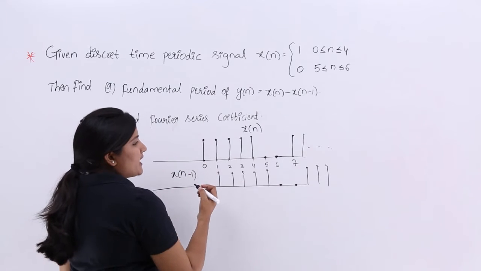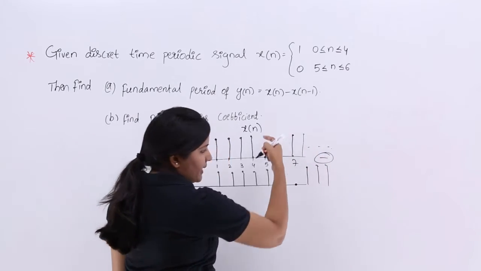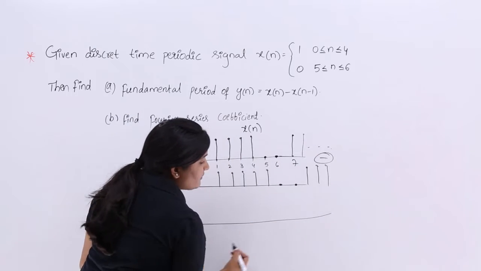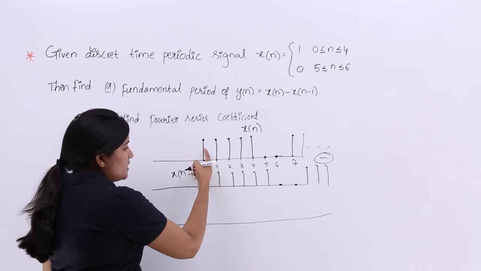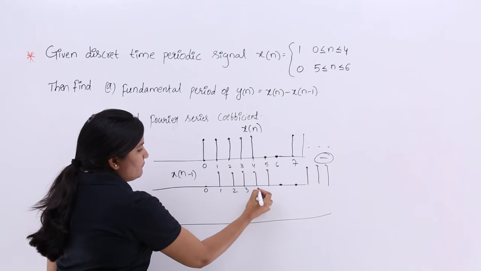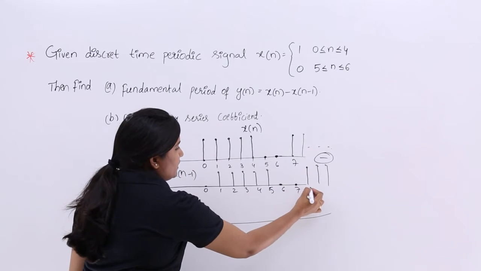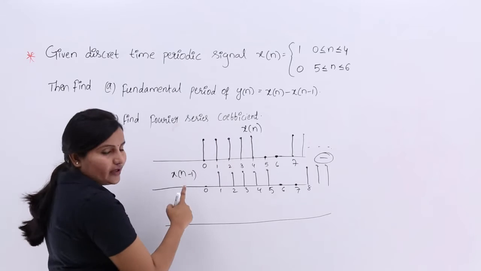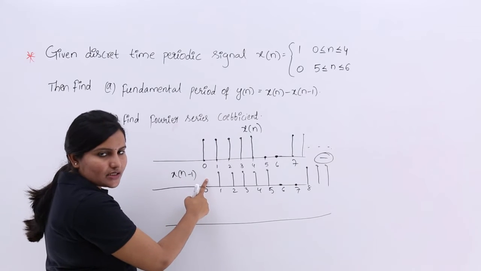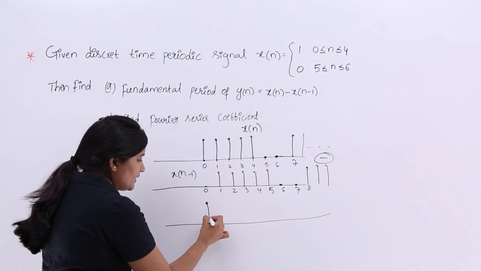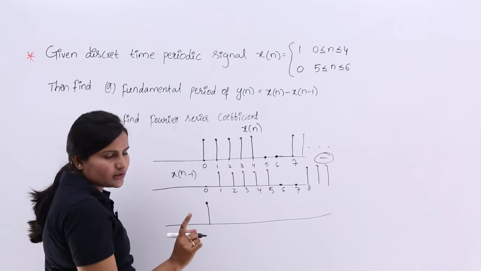If you are subtracting these two, that means x of n minus x of n minus 1, at 0, 1, 2, 3, 4, 5, 6, 7, 8. At 0 you have a sample in x of n, but you do not have a sample in x of n minus 1, so 1 minus 0 gives you 1.